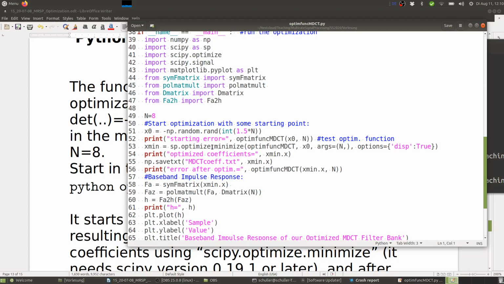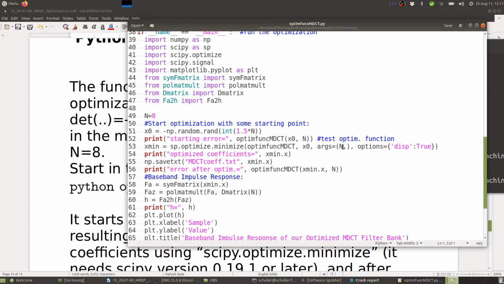Here I'm using the function optimize minimize, and you can see the first argument is the function name of my error or objective function. Here this x0 is the starting point, which also tells the minimize function the dimension of my unknowns. And here is additional arguments to be passed to my error or objective function.